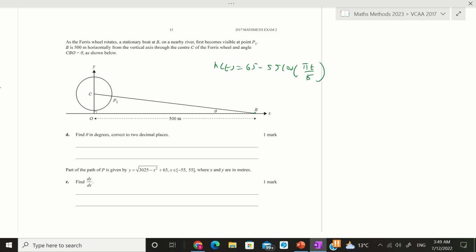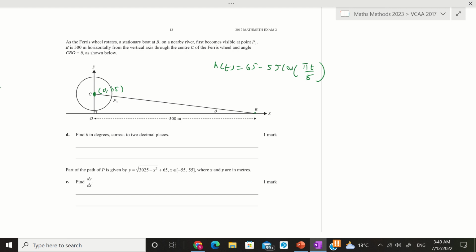So its median height, the middle height, will be at 65. That tells us that this point here, C, is given by 0, 65. And we can actually verify this later on when we start doing part E. But yeah, this point C has coordinates 0, 65.